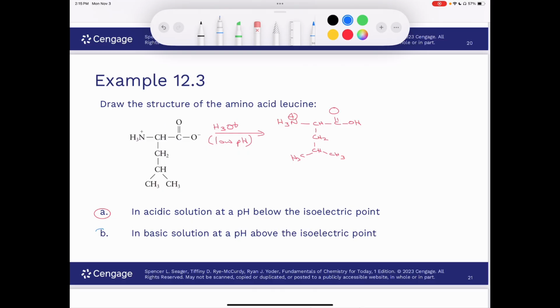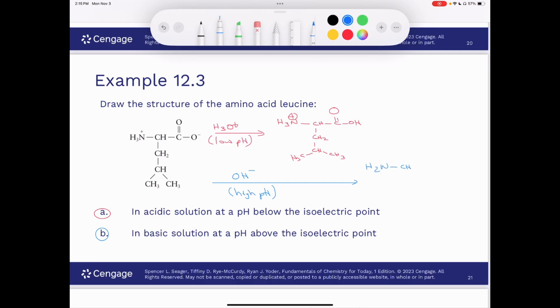Okay, there we go. Now it says in B, what does it look like in a basic solution at a pH above the isoelectric point? So don't have a lot of space here. So I'll write an arrow like this, and we'll put OH minus, and we'll put here high pH, which we assume will be above the isoelectric point.